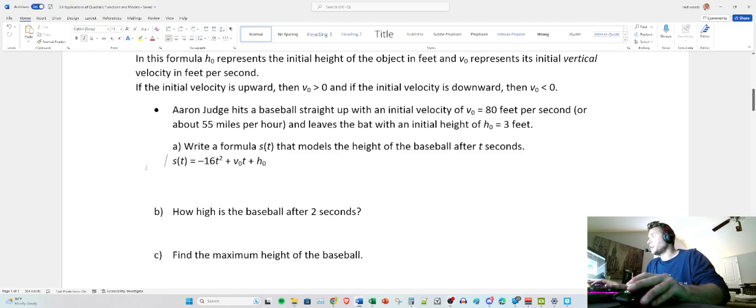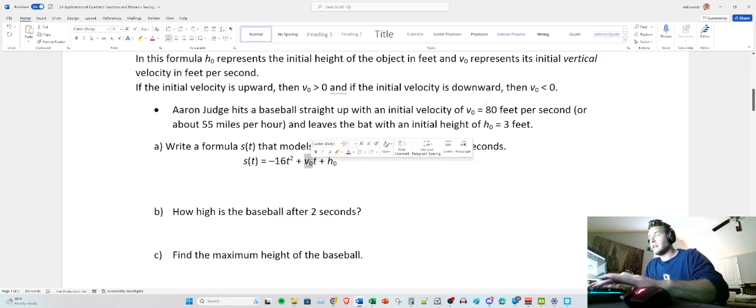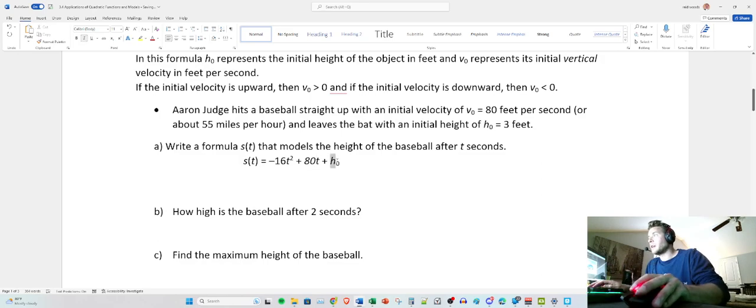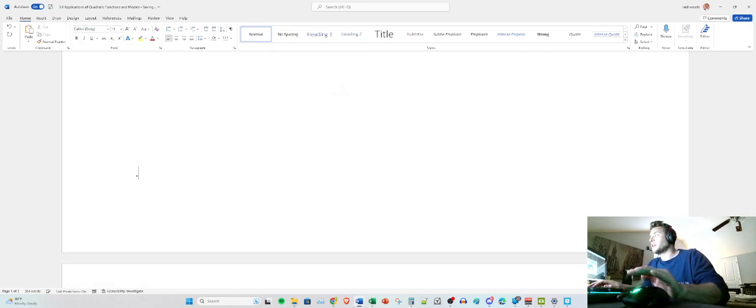So this formula here is what you should be writing in your notes. The initial velocity is 80, so we plug in 80 right here, and the initial height is 3 feet. There is our formula for this baseball that is being hit.